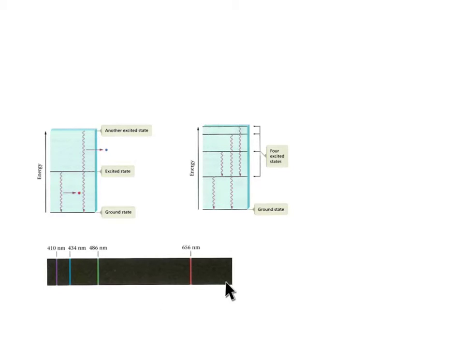This is something called the atomic emission spectrum for hydrogen. This is known as an atomic fingerprint. Every hydrogen atom in the universe will give this same pattern of color, of lines. These are called spectral lines, so that we can identify, for example, the gas that's burning in the stars in faraway galaxies.